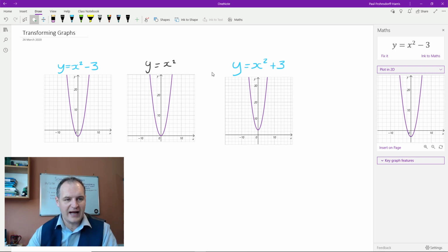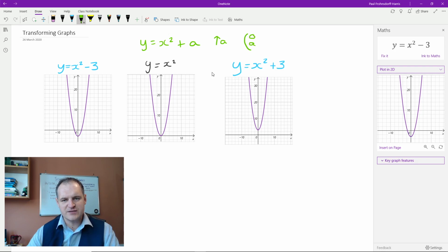The rule we have is that when you have y equals x squared plus a, you end up with the graph going up a spaces. You can even describe this as a vector change of (0, a).